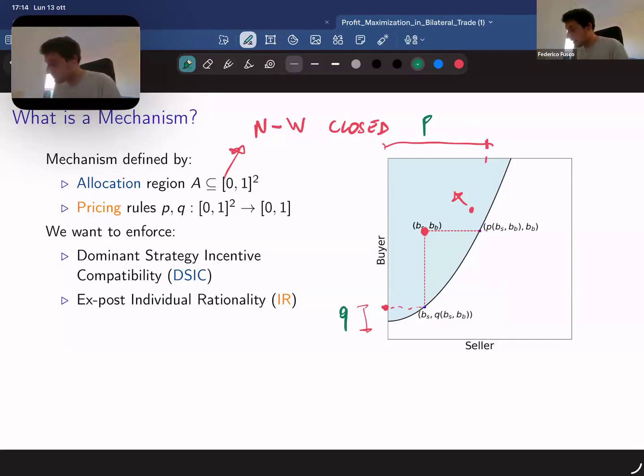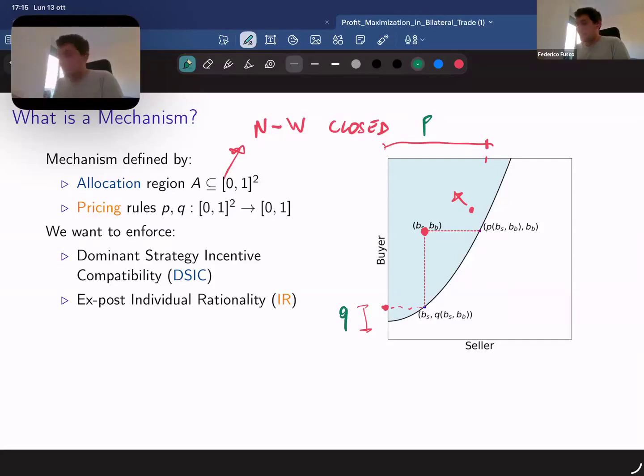Yes, exactly. So you see, we started with this game theoretic question, and now we have a nice geometric interpretation of everything. Because a mechanism is just a blue blob that is northwest closed, and the pricing rule is just a function of the projection of the bids onto the boundary of this blob.